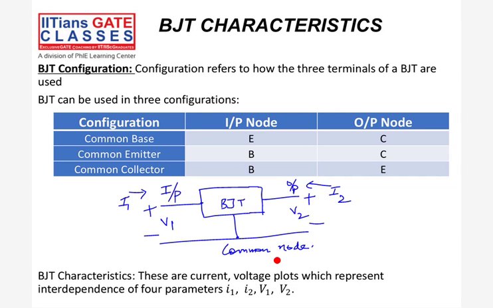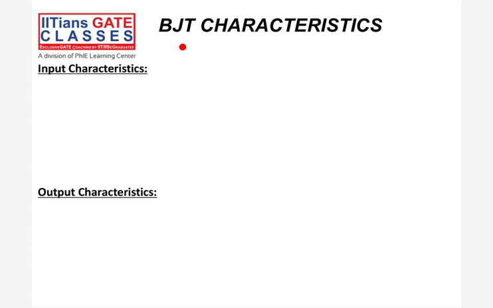So here we'll see the diagram and its configurations. We'll have input characteristic. In input characteristic, a plot of input current I1 and input voltage V1 is obtained by maintaining the output voltage V2 constant.